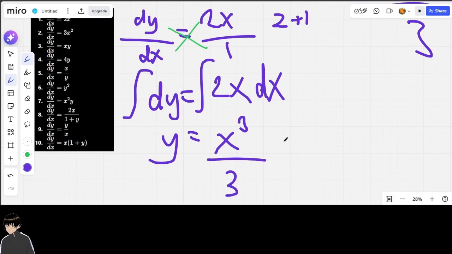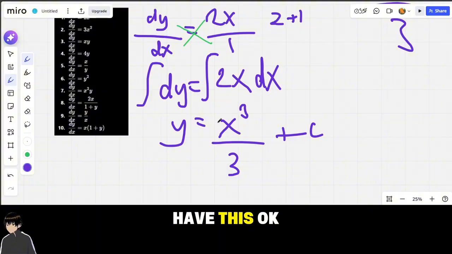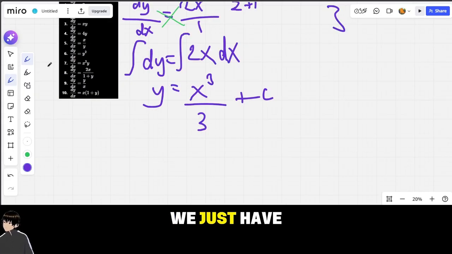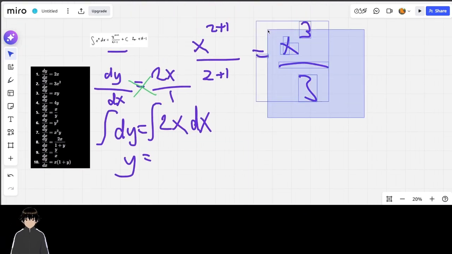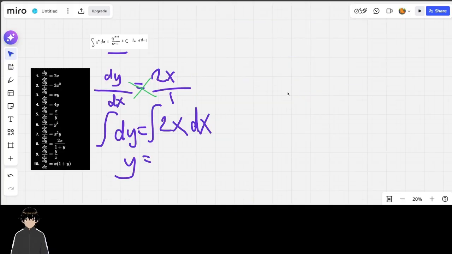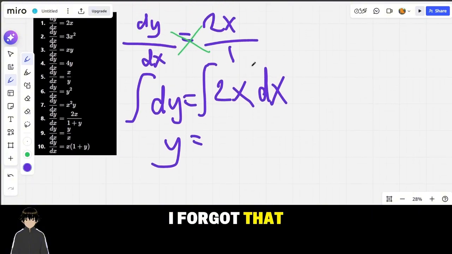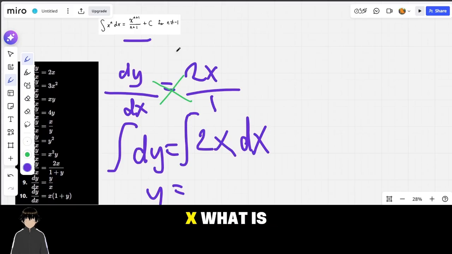I'm sorry about that. I forgot that the exponent here is going to be the actual exponent. So we have x.